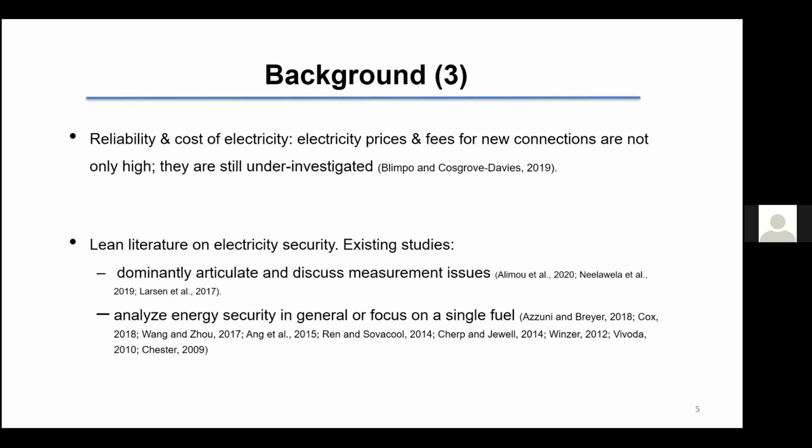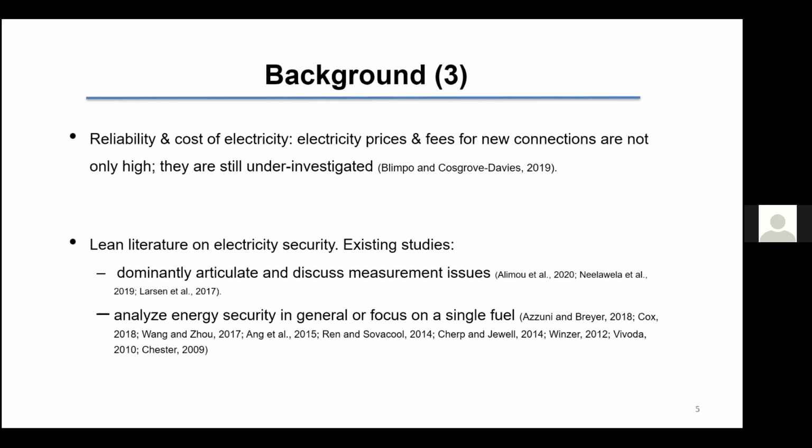Now, prices or affordability issues, as well as fees for new connections, things that matter most for electricity, and sector emissions remain under-investigated by some studies, which directly or indirectly have implications on what we are defining this morning as electricity security.